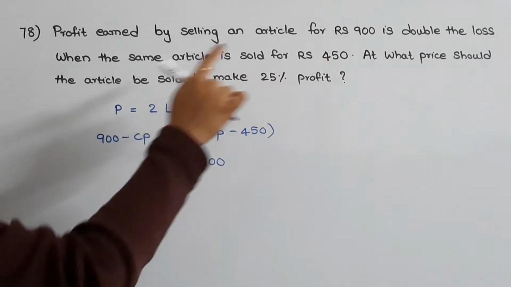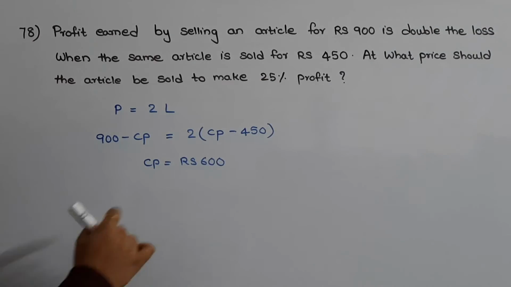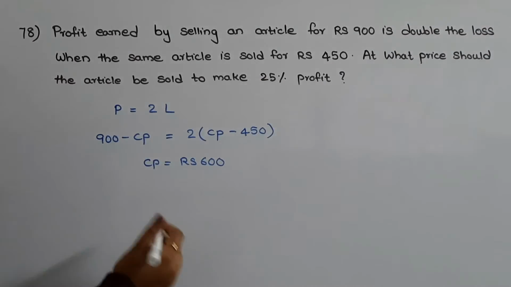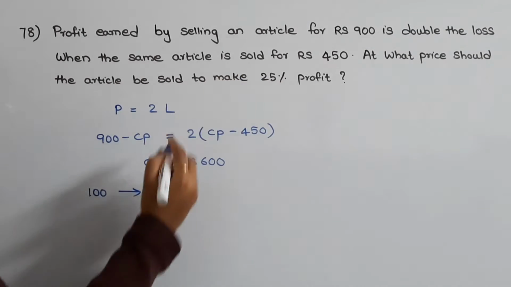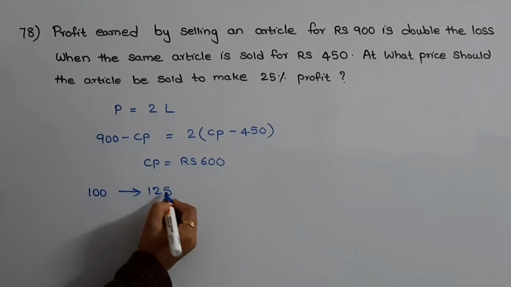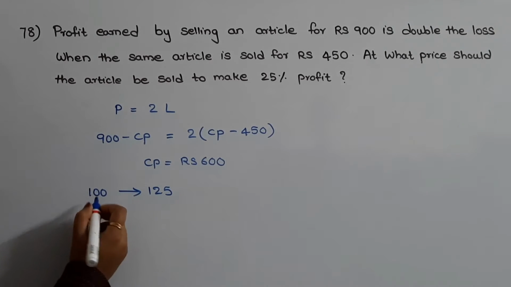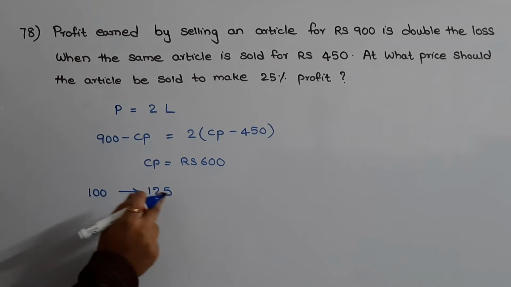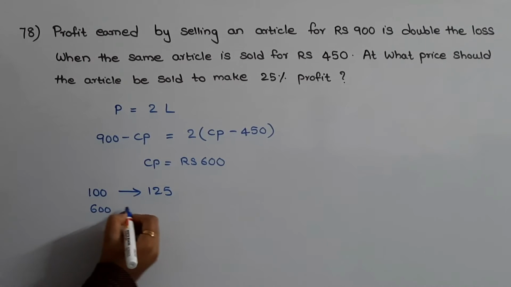Now we need to find out the selling price when the profit percentage is 25. Profit percentage is 25 means when the cost price is 100, the selling price is 100 plus 25, that is 125. But the cost price we found is 600. So if the cost price is 600, what will be the selling price?